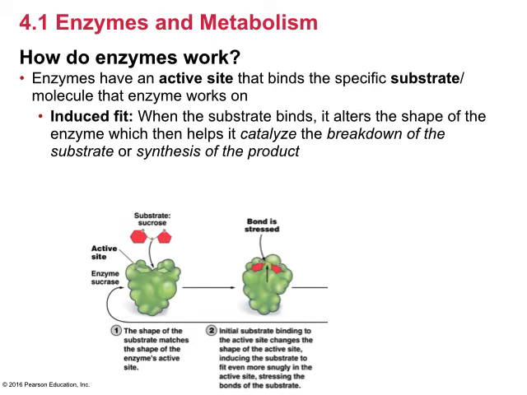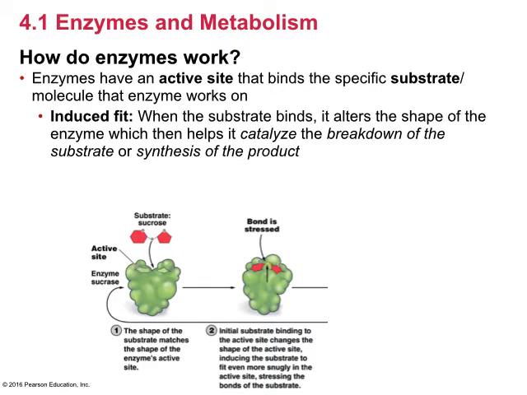And when that substrate is bound by the enzyme, it's going to alter the shape of the enzyme. So as soon as it fits into that pocket, the enzyme itself is going to change shape. And that changing of shape is going to help speed up the breakdown of the substrate or the synthesis of the product. So an enzyme can break stuff down or it can put stuff together.